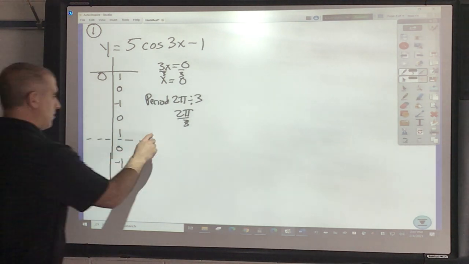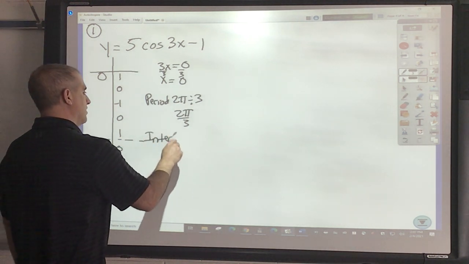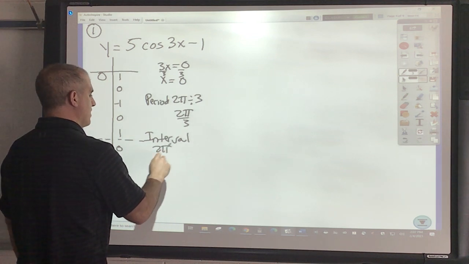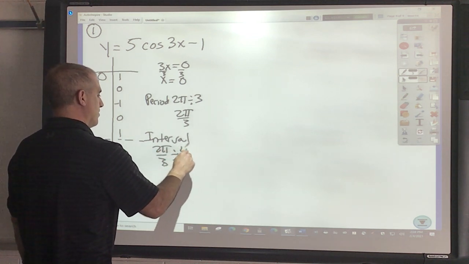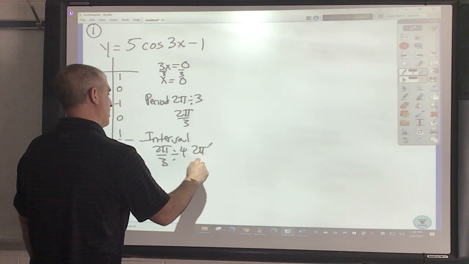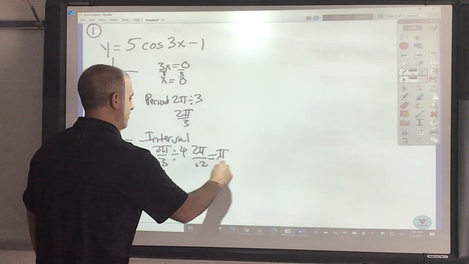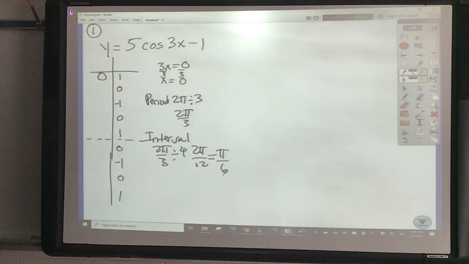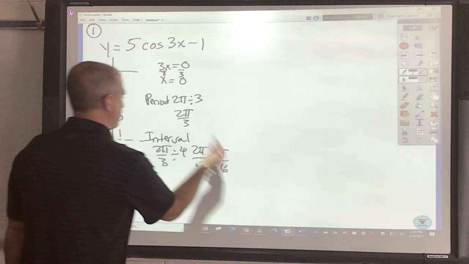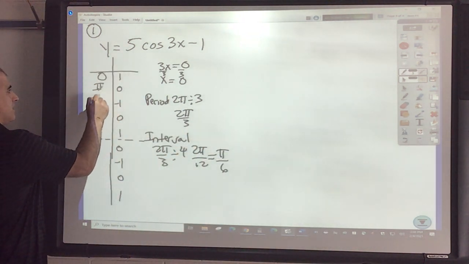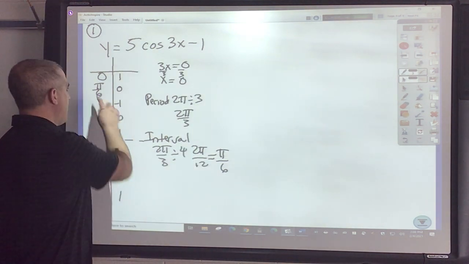Okay, my interval would be 2 pi over 3 divided by 4, which would be 2 pi over 12, which is pi over 6. So what I want to do is add that 0 plus pi over 6. This is going to be pi over 6. Okay, and now I'm off and running.